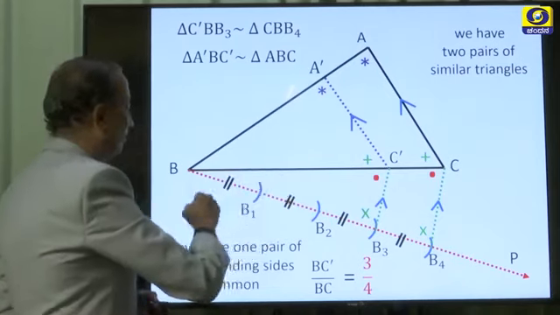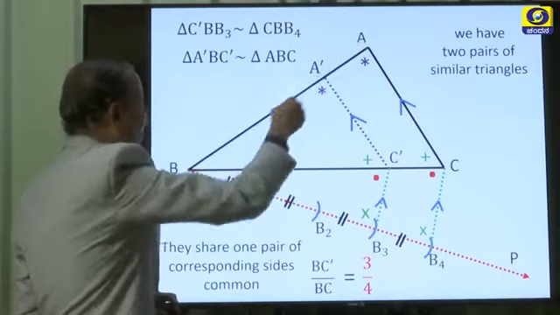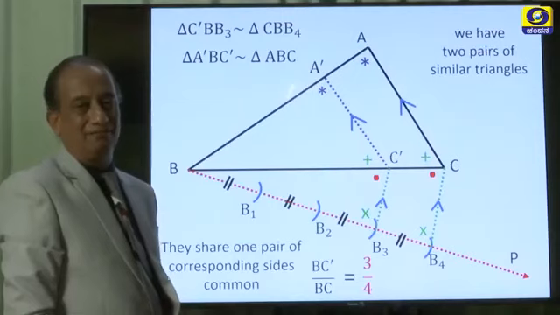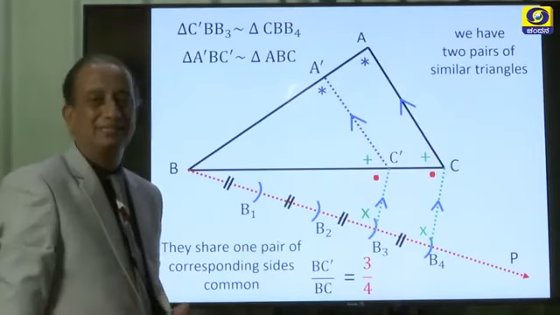Therefore, this is our required triangle which is similar to this triangle and obeying the scale factor 3 by 4. So this is the justification that we are trying to give you.